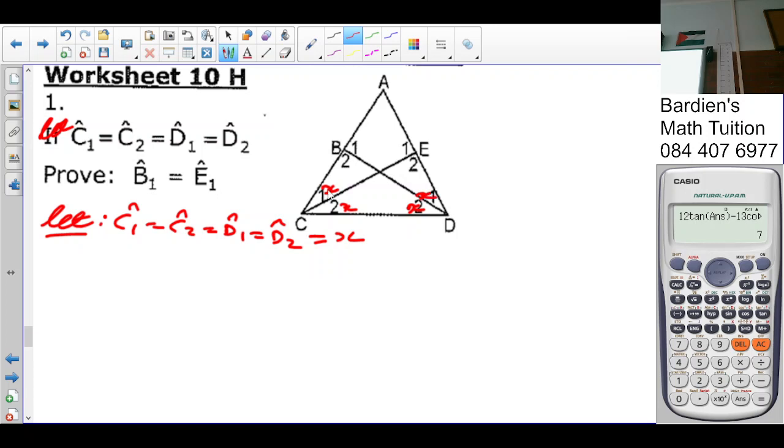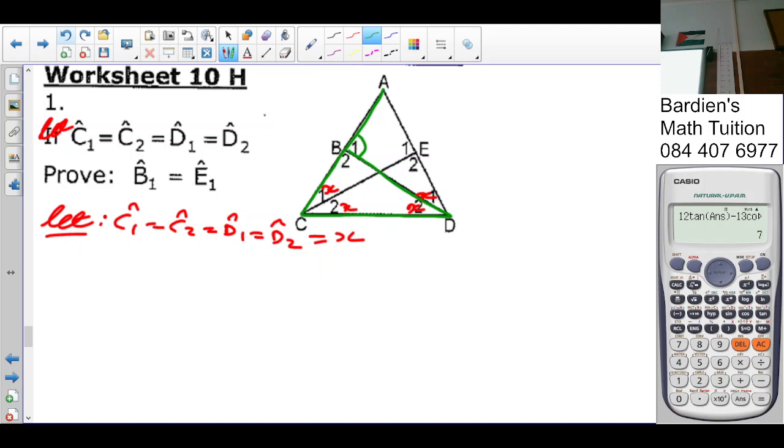So now we can see, what is B1 equal to? B1 is equal to the whole angle C plus D2. Why? Exterior angle is equal to the sum of the two interior opposites.